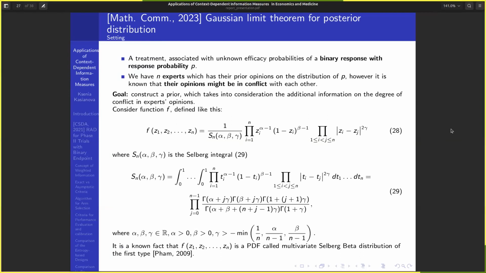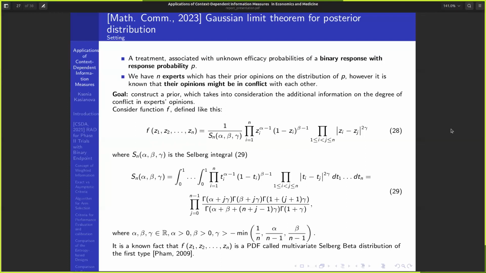And to do so, we need to consider a function f, which is defined in formula 28, which can be referred to as a generalization of the Dirichlet process to the case where we have this conflict. And it is based on the Kullback integral, which is defined in formula 29.